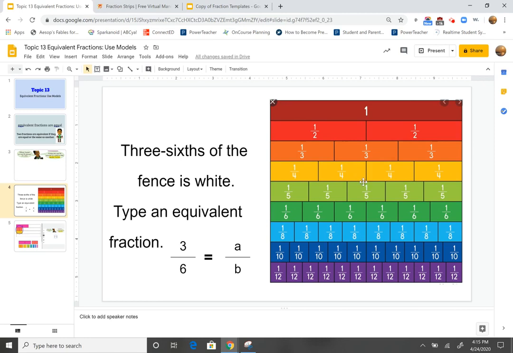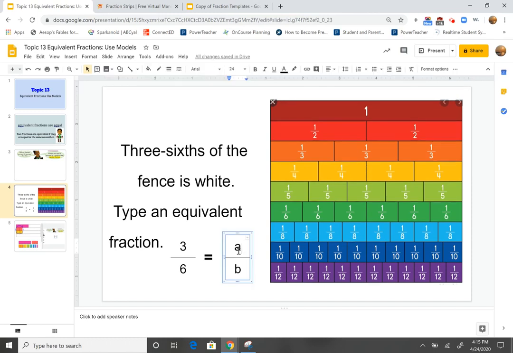It looks like right here, these two line up with 3/6. So that would be 2/4. I also see the option that I could have 1/2. For 3/6, I'm going to go with the 2/4 because that was the first one I saw lined up. I can then go over here and type in 2/4. Okay, and that is equal.